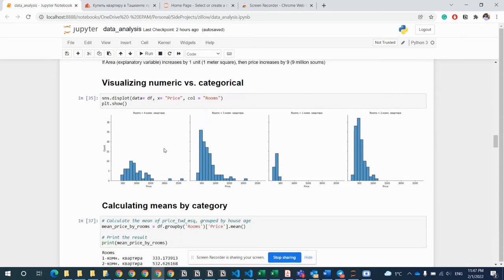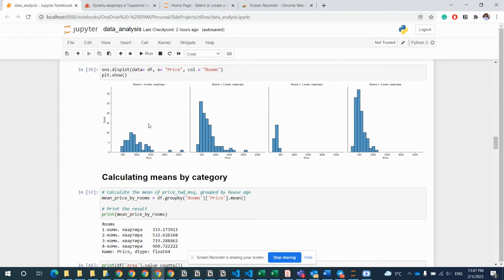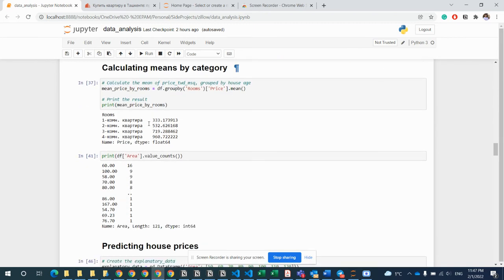Here I just tried to show the apartments with different number of rooms and their prices. Here another maybe interesting insight: average price of apartment based on the number of rooms it has. Apartments with one room have an average price of 333.